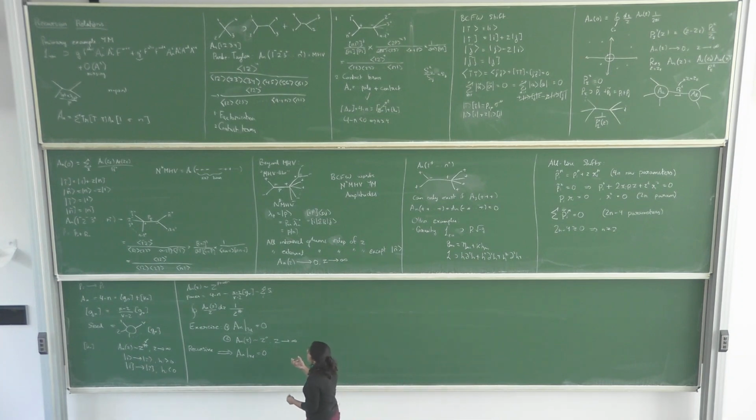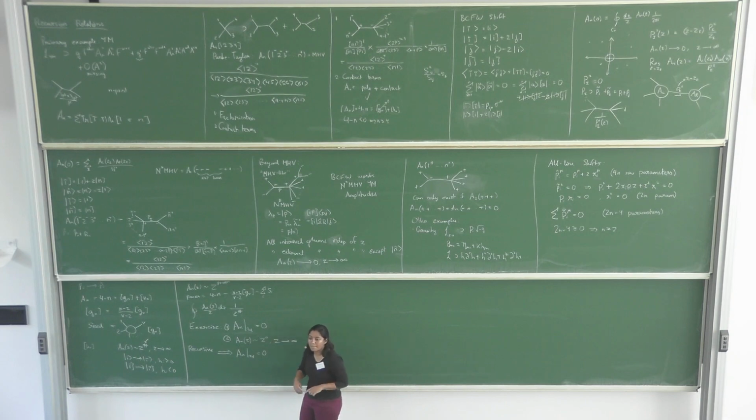Depending on what the theory is that you're trying to recurse, you may or may not be able to exploit the special property of that theory with a BCFW shift. For example, in this case, there is no way of introducing anything in your integrand that would take into account the fact that there is this zero in your amplitude if you just have a BCFW shift.